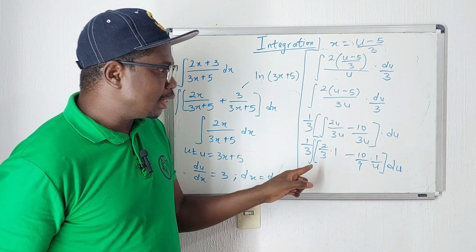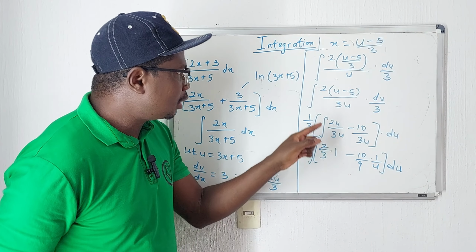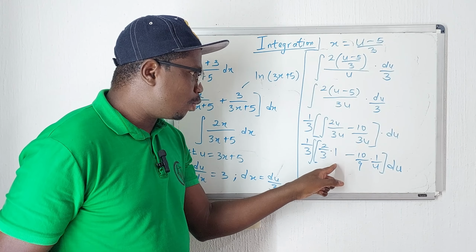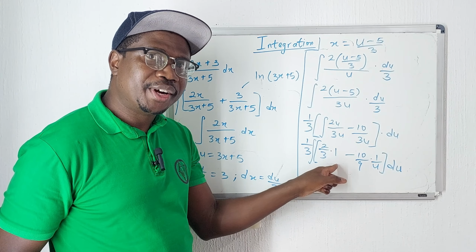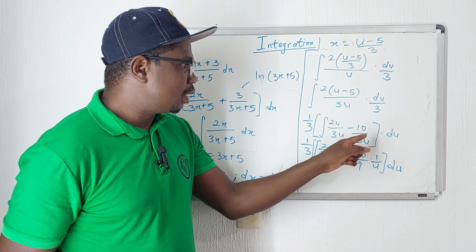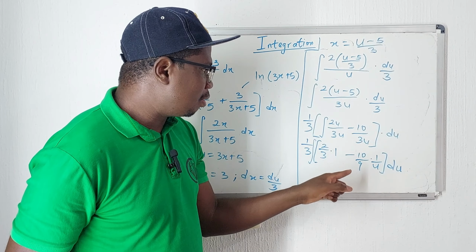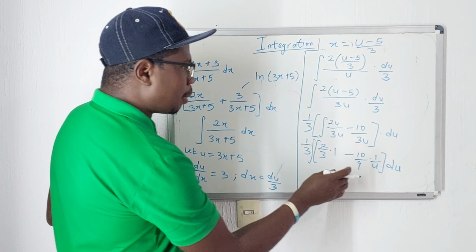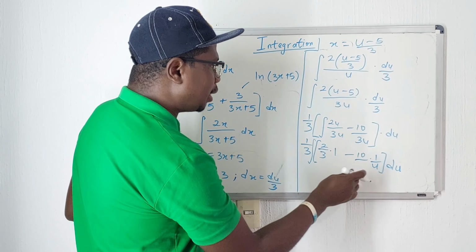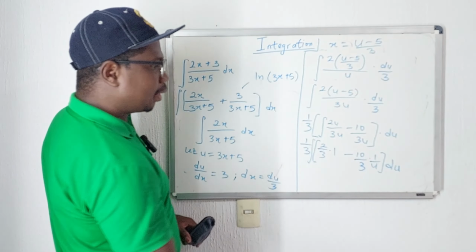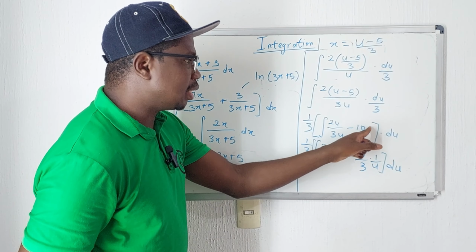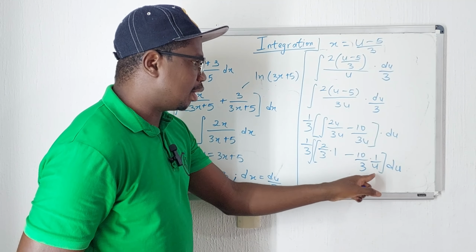Because my integration sign is going to affect everything here. And we split it, so 2 over 3 u divided by u is 1. No more, we are dealing with the variables, and these are the constants. We can take this out. This is 10 over, sorry, this is a 10 over 3. This is 3. Then remember there is a 1 here over u.